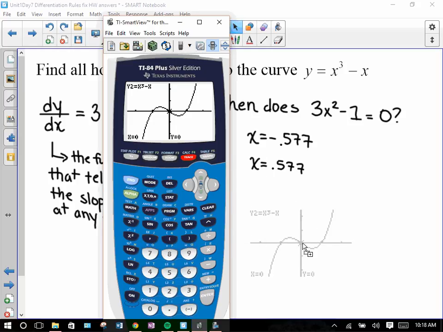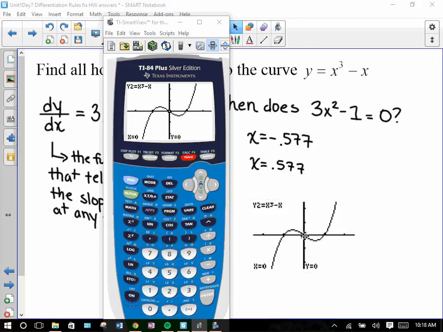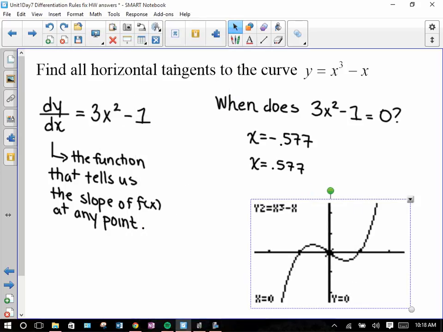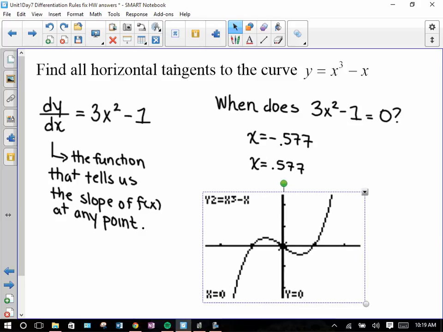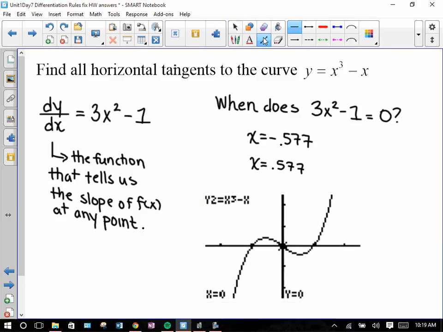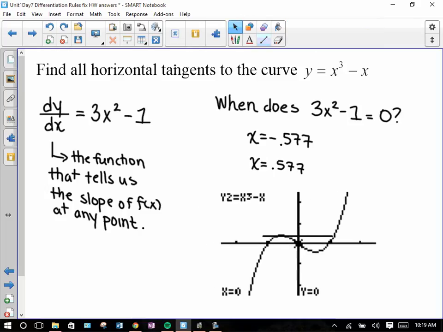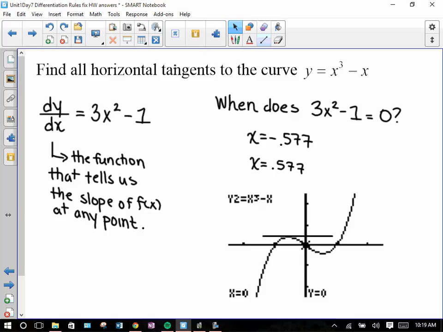So we can see the horizontal tangents, one there and one there. Those x values are approximately 0.577 and negative 0.577.